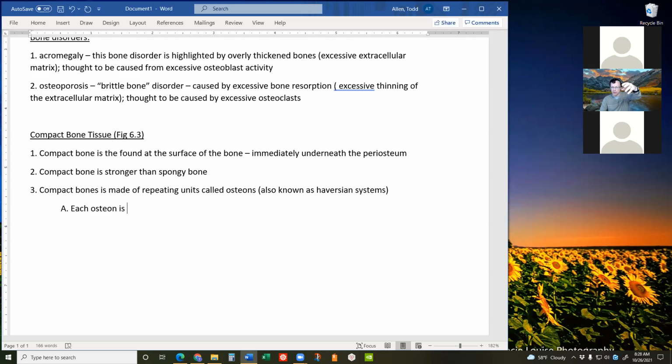The lamellae are really rings of crystallized minerals. Each osteon is made of concentric lamellae, which are mineralized rings around a central or open canal.